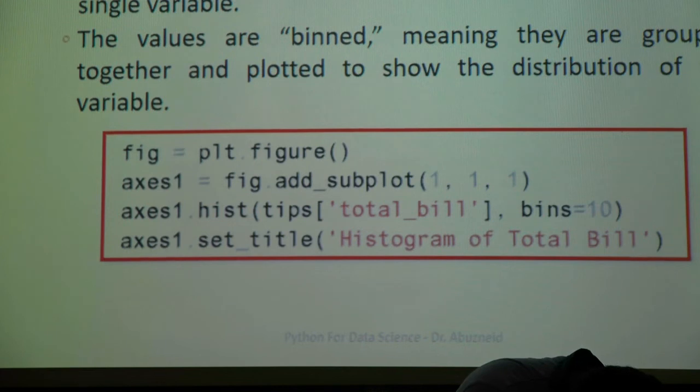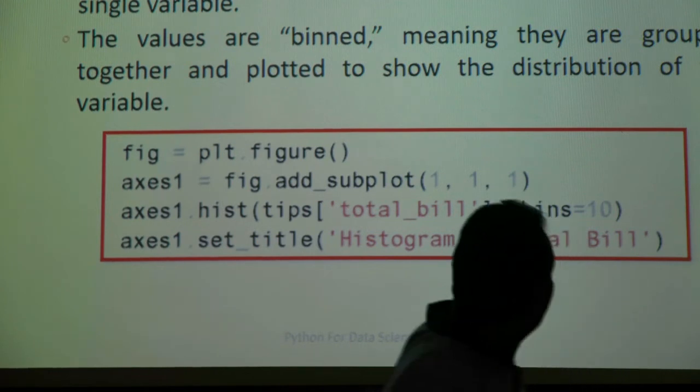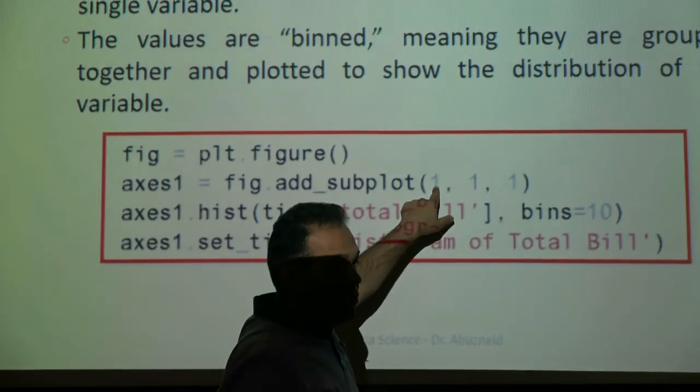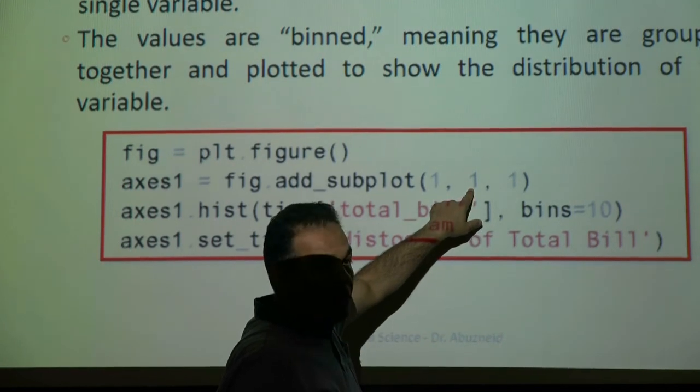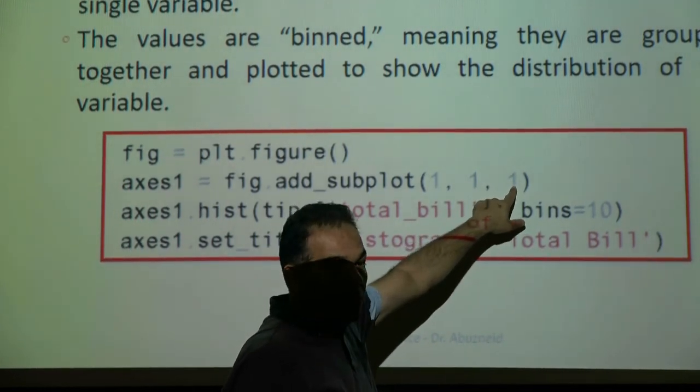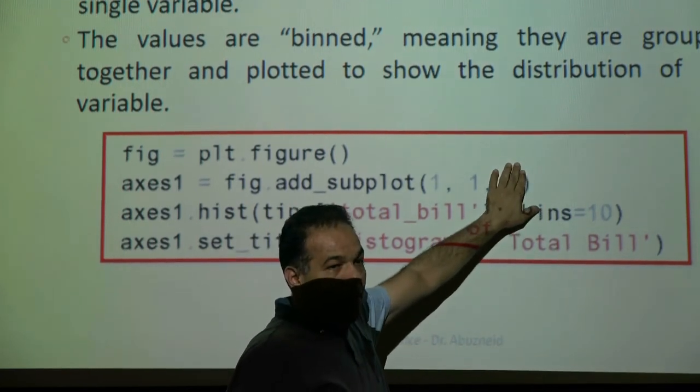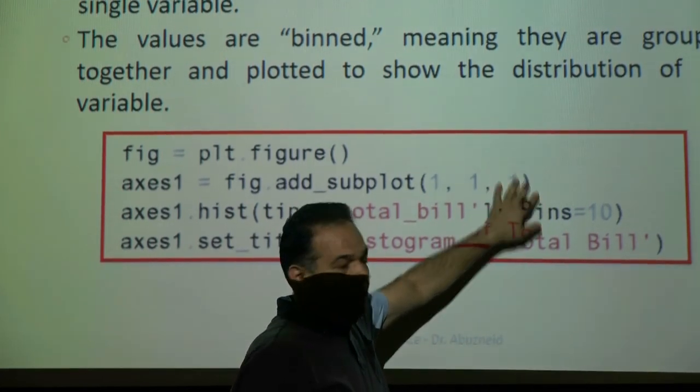That's right. According to this, the third one. Okay, what does it say in here? It's like, this is the number of rows, the number of columns, and this is the plot number. So in here, the plot number does not make any difference, but in here it will.